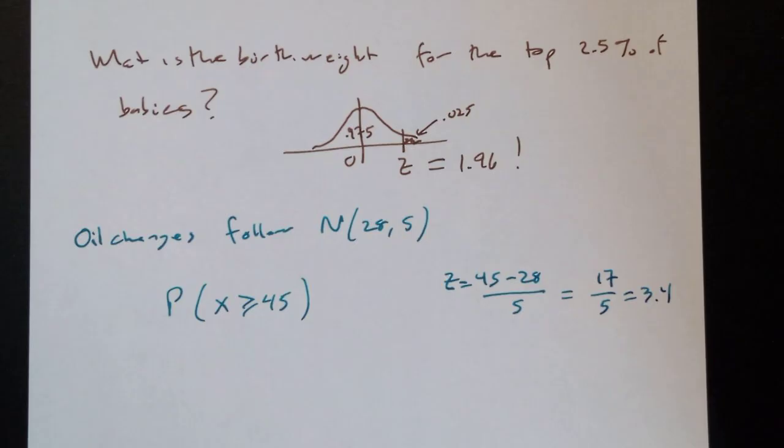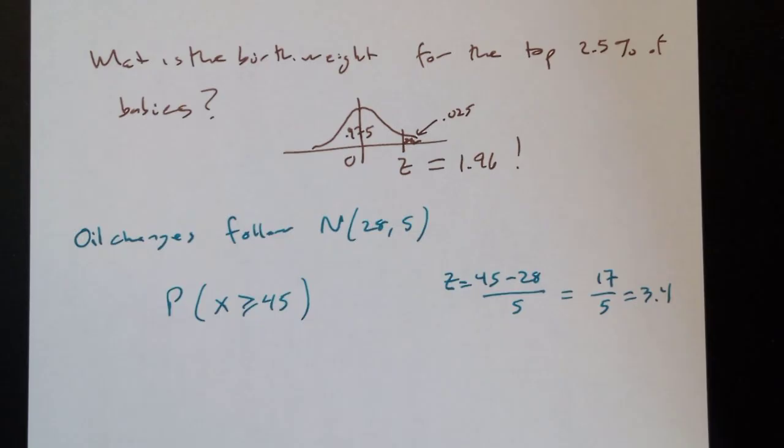I can say right away, this should be a very, very small number. Why? Because 3.4 is an outlier. All the way out there. So this should be a very small number. Remember, our normal distribution, 99.7% of the stuff is inside 3.